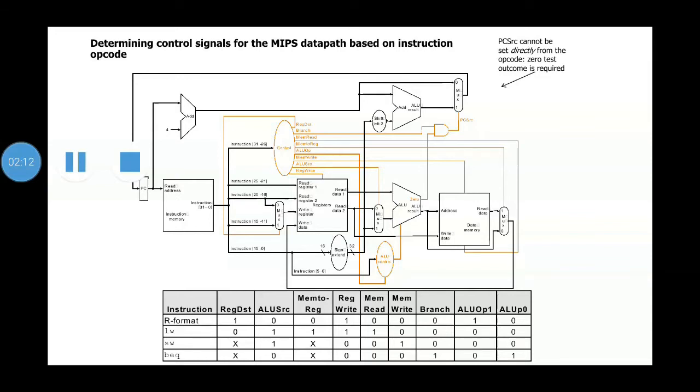We can also say in another way, if the ALUOp is 10, then the R format instructions will be executed. If it is 00, then load word or store word will be executed. If it is 01, then branch equal, that is the branch instructions, will be executed.